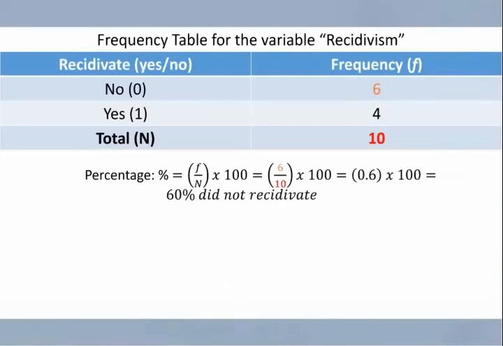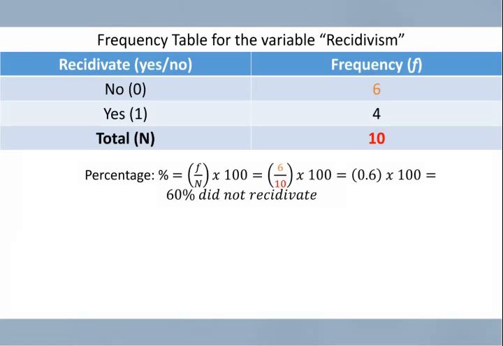So let's do this for our little frequency table here. Let's just look at our sample and the number of people who did not recidivate, right? Again, we take the frequency, divide that by the number of people, or the total N. I've color-coded each of these to make more sense of this so you can plug the numbers in.